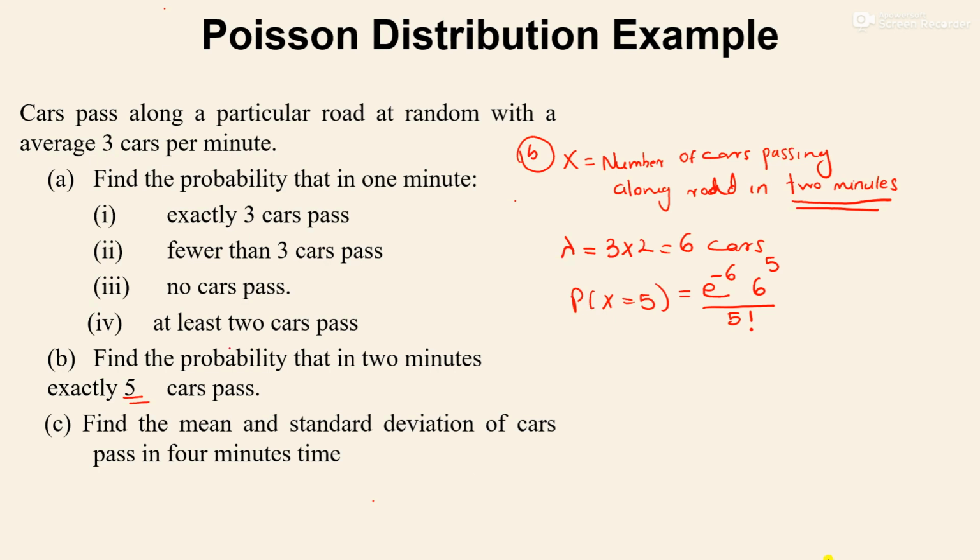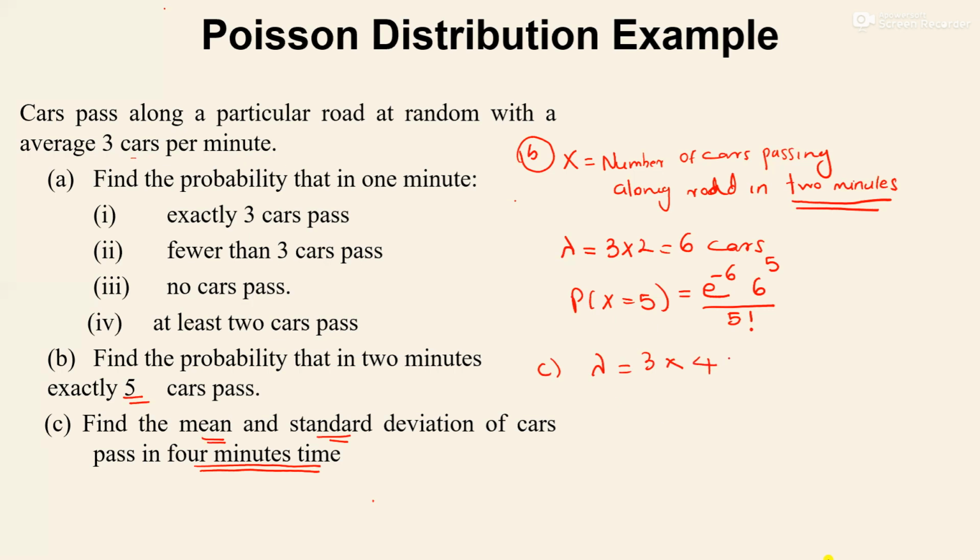Now look at the mean and the standard deviation of cars passing in 4 minutes time. So now your time interval is 4 minutes, right? So lambda also should be for 4 minutes. For part C, your lambda is equal to 3 into 4, for 1 minute 3 per minute.